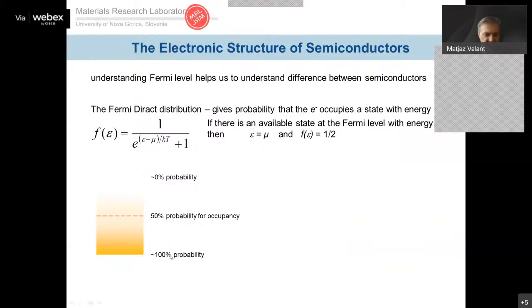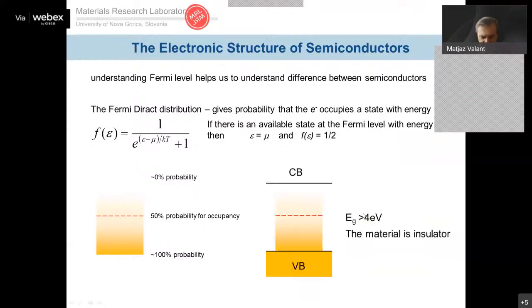As you see, 100% probability is fully orange, and then it is losing the color when we go up to the 0 probability. Now let's see how that looks in one perfect, let's say almost perfect insulator with very wide band gap, so-called wide band gap semiconductor.